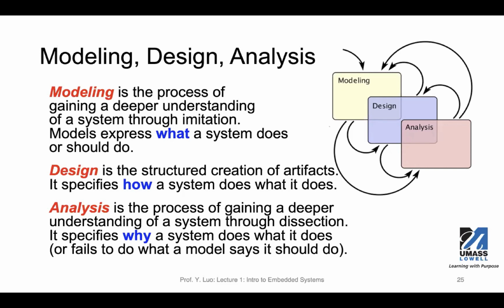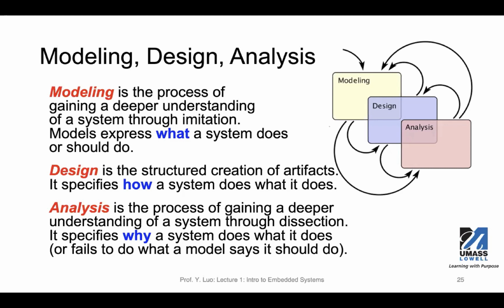If you see the picture on the right side in this slide, you will see there are a lot of arrows pointing from one box to another box. This is really to say that these parts are overlapped, and we need to go through this design process iteratively. Maybe we need to change the model.